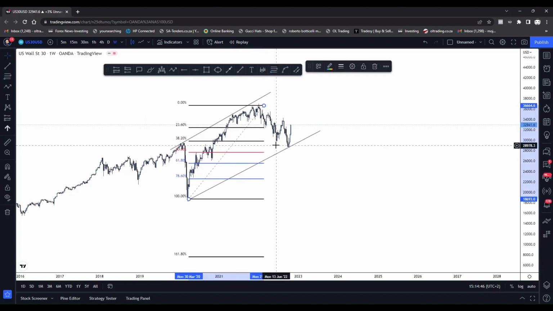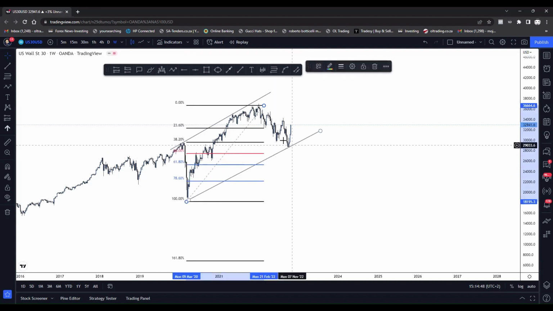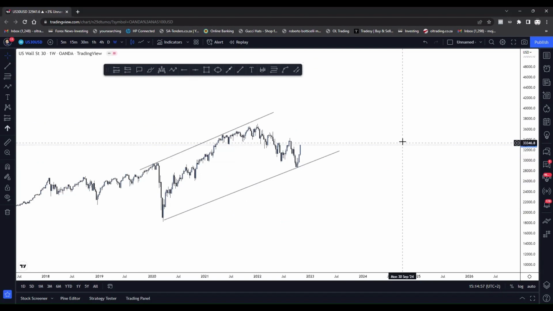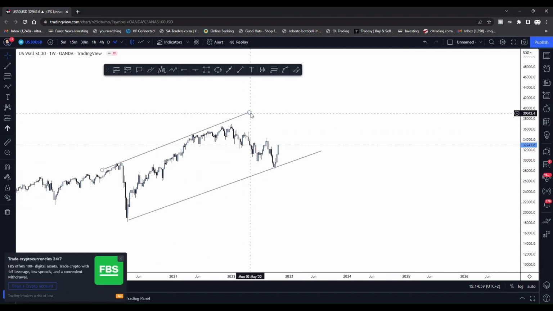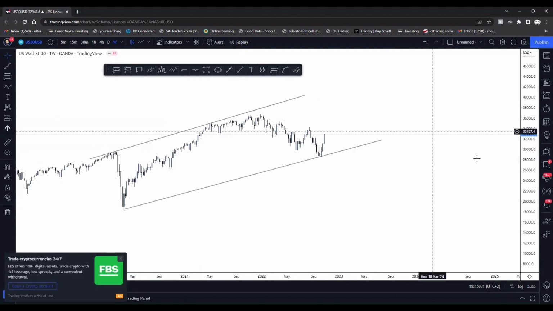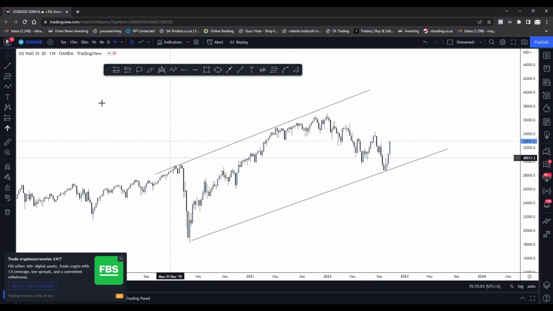So you can see here we are around this level, above the 50% retracement. Okay, so I have my bigger structure. So now we're gonna go internally.